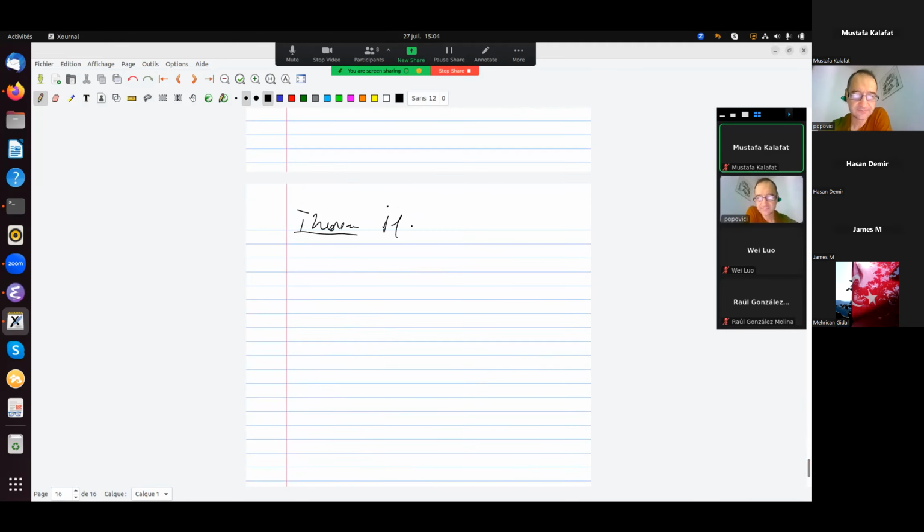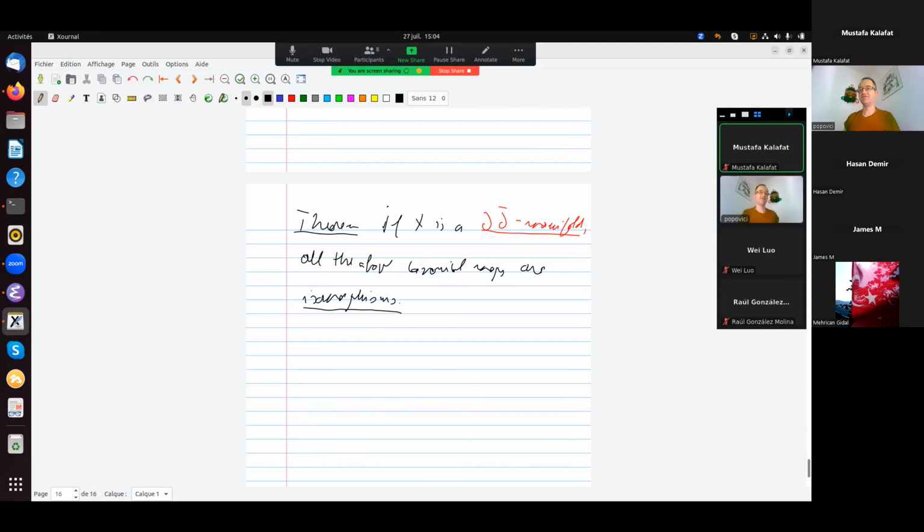If X is a DD bar manifold, all the above canonical maps are isomorphisms. In other words, on DD bar manifolds, these cohomologies that we defined are all canonically isomorphic.